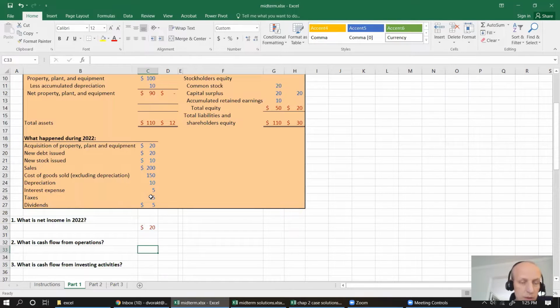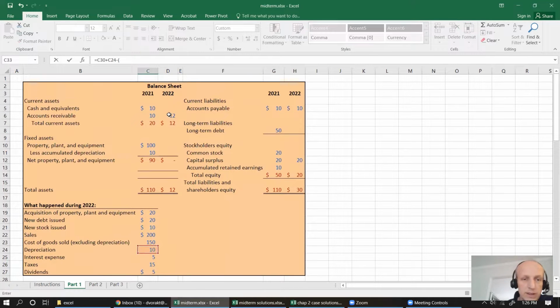Next, cash flow from operations. So we start with net income, and to it we can add non-cash expense, which is depreciation in this case of $10. But from it, we need to subtract an increase in accounts receivable, because an increase in accounts receivable is a use of cash.